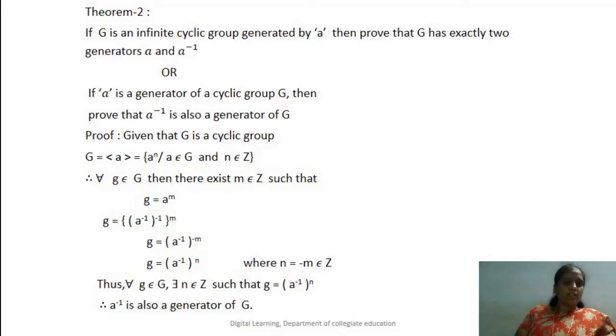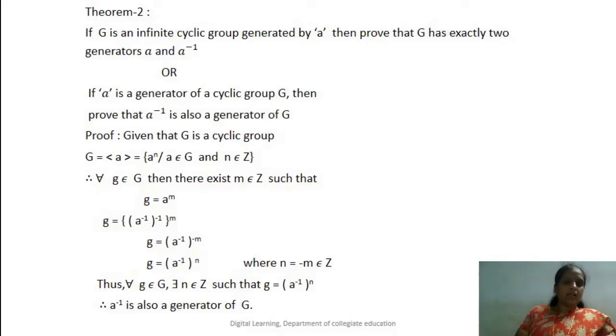So g is equal to, here a inverse of minus 1 is there, and that minus goes to the power, so taking it to the m, it becomes a power minus m. So minus m we can denote as n here. So g is equal to a to the power minus 1 to the power n.